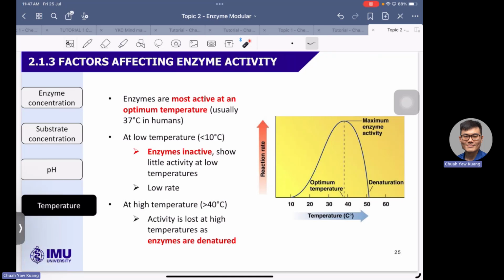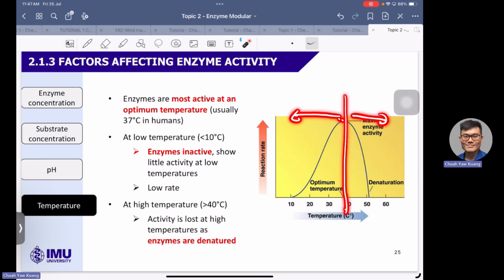Lastly, temperature. Okay, so for the temperature, what's the relationship? Same thing. In the graph of temperature, there will be two parts: before the optimum temperature and after the optimum temperature.